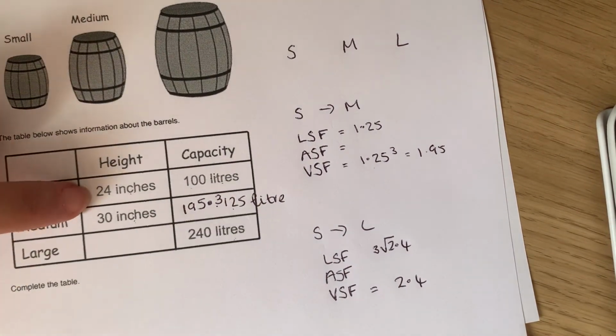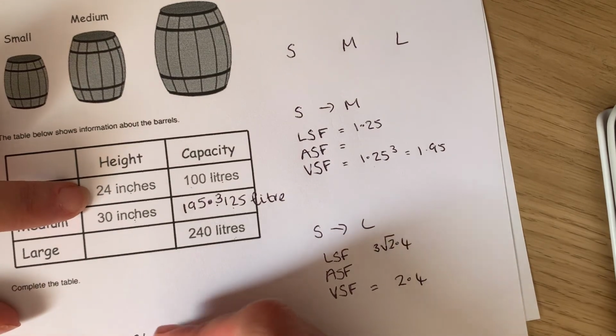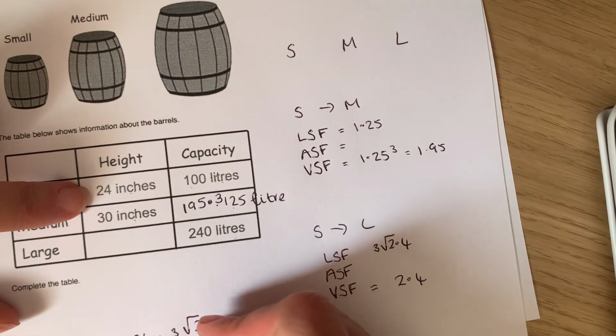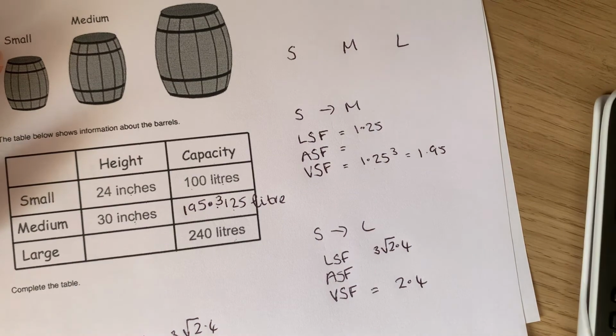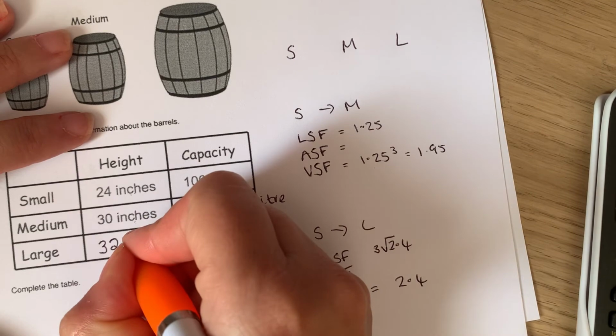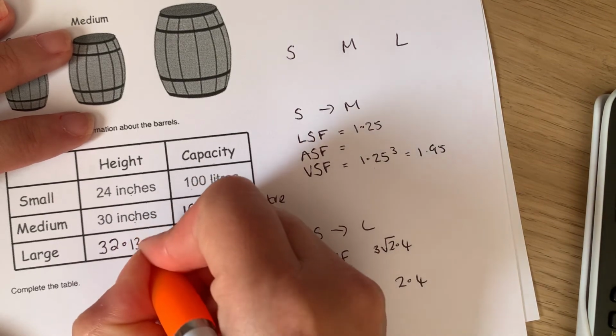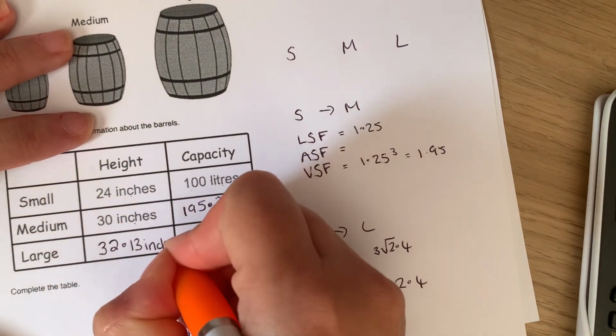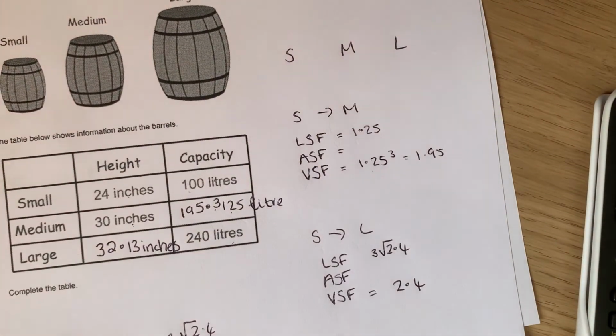So I'm now going to do 24 times the cube root of 2.4, which gives me 32.13 inches. Okay, and there we've filled in the table.